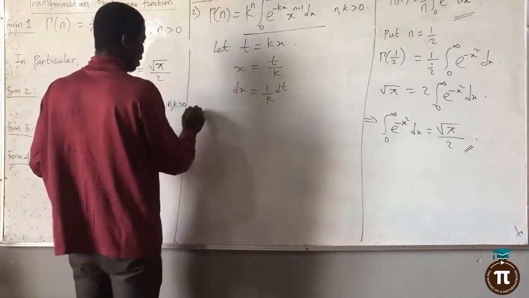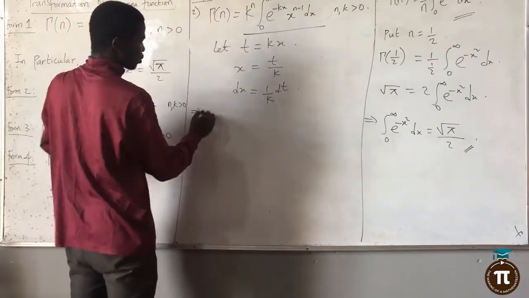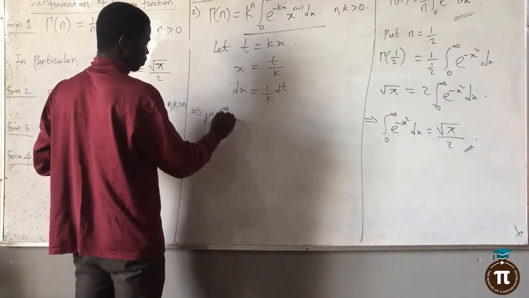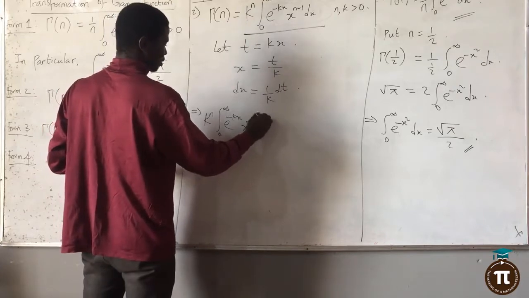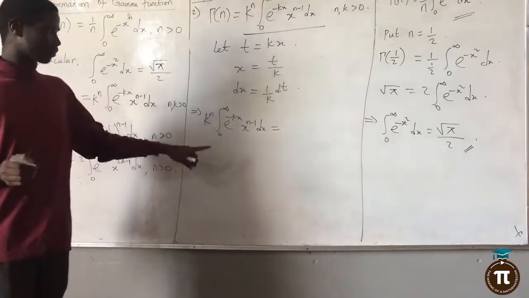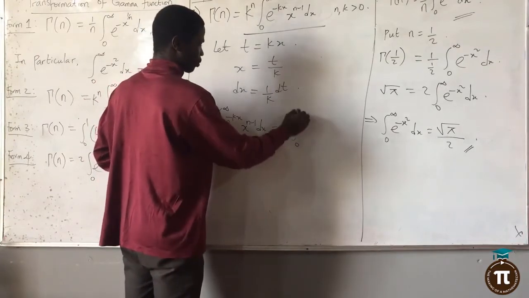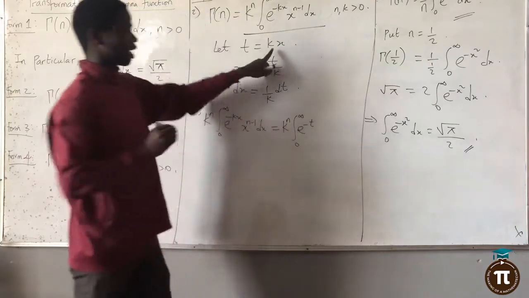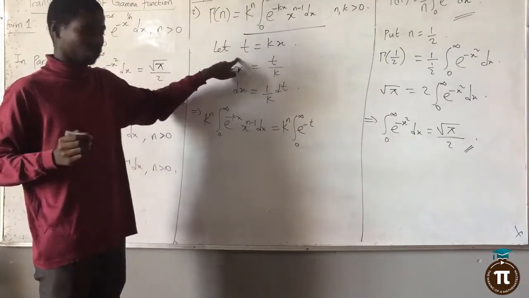So I have this k raised to power n integral from 0 to infinity of e raised to power minus ks, s raised to power n minus 1 ds is equal to, this is still k raised to power n integral from 0 to infinity e raised to the power of minus t, because I've given the substitution that ks is equal to t.